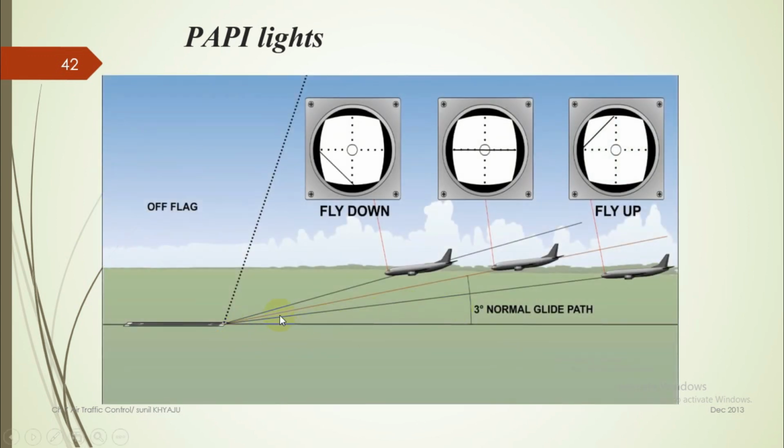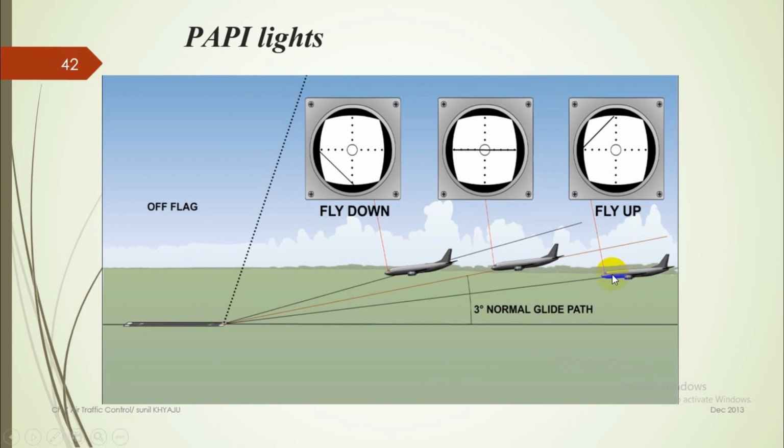And this is the picture showing the correct angle of descent. If the aircraft is approaching at the correct angle of descent, that is normally 3 degrees, the pilot sees two red and two white. When an aircraft is approaching the runway above the normal angle of descent, that is greater than 3 degrees, the pilot sees one red and three white or all four white lights.